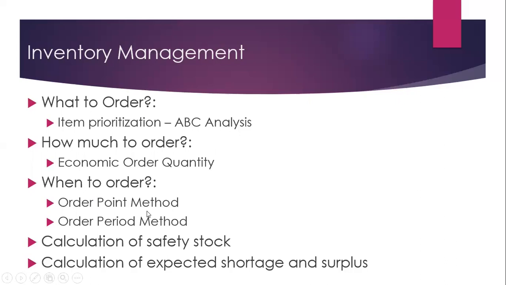Then mathematics includes calculation of safety stock and calculation of expected shortage and surplus. I have separate lectures on inventory management, on economic order quantity, on safety stock, on expected shortage and surplus.